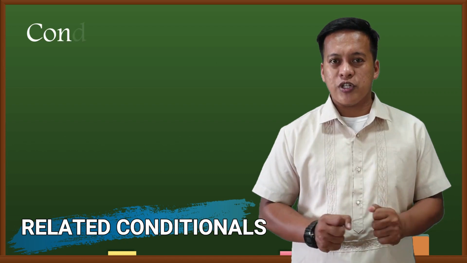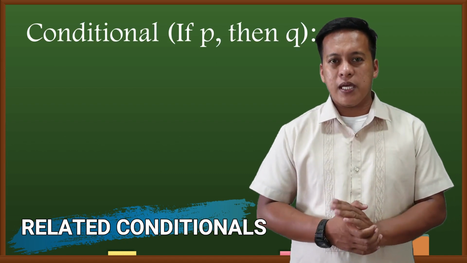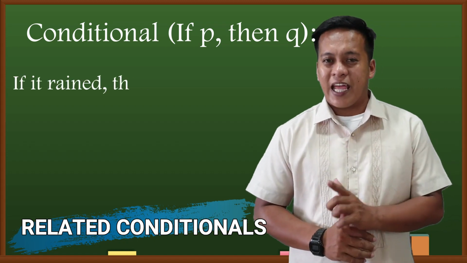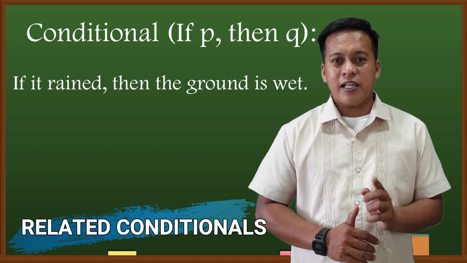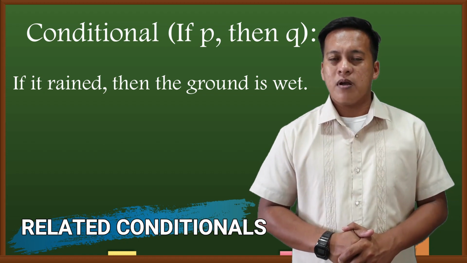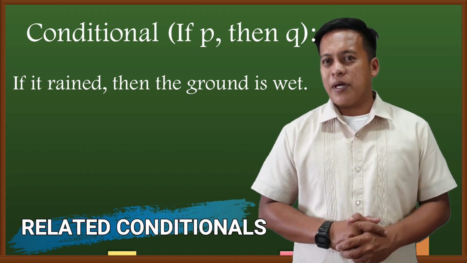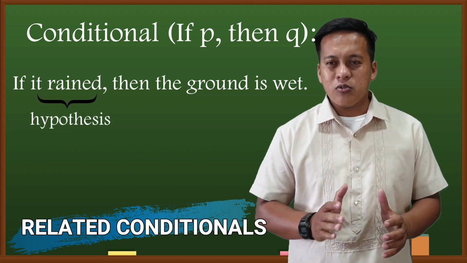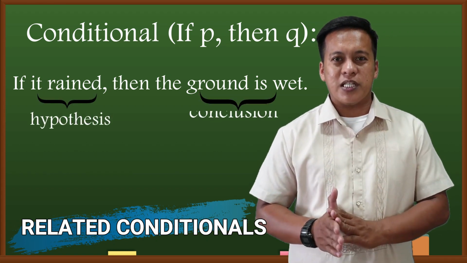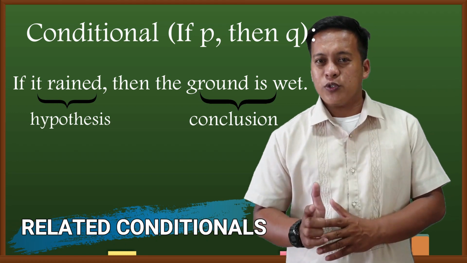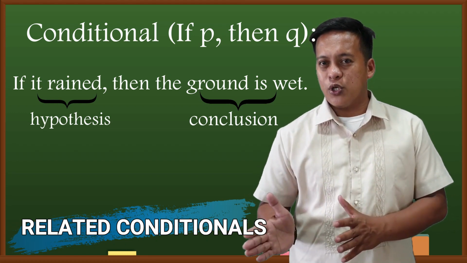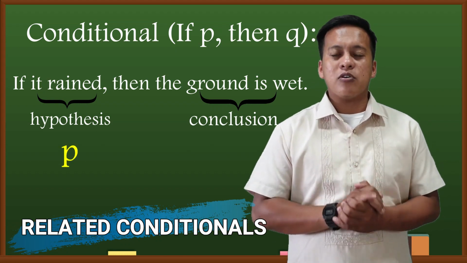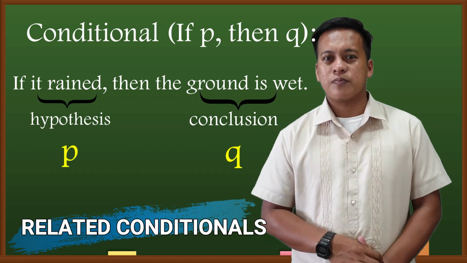We have conditional: if P, then Q. If it rained, then the ground is wet. On this statement, the hypothesis is it rained, and the conclusion is the ground is wet. Note that throughout the discussion, we will represent the hypothesis as P and the conclusion as Q.